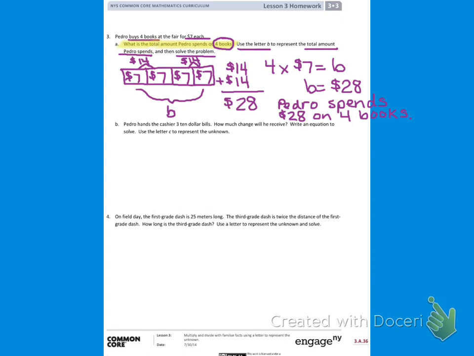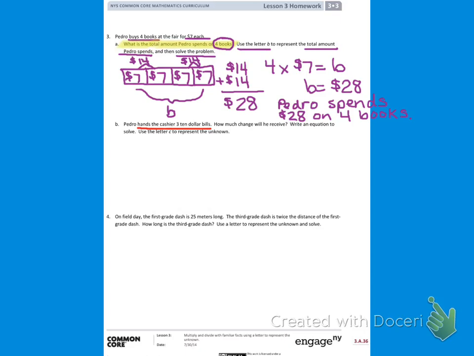Item B. Pedro hands the cashier 3 $10 bills. How much change will he receive? Write an equation to solve. Use the letter C to represent the unknown. Now I will underline the key details. Pedro hands the cashier 3 $10 bills.